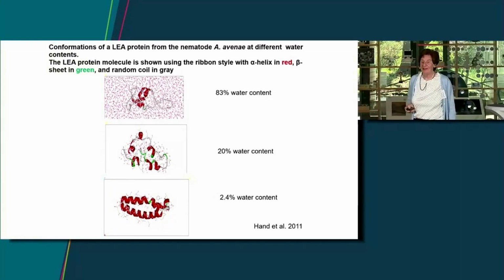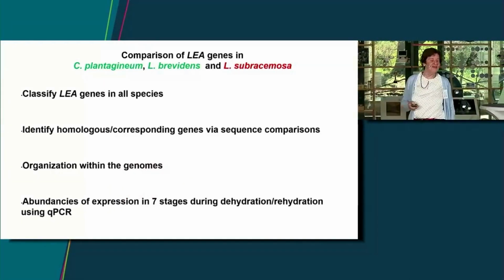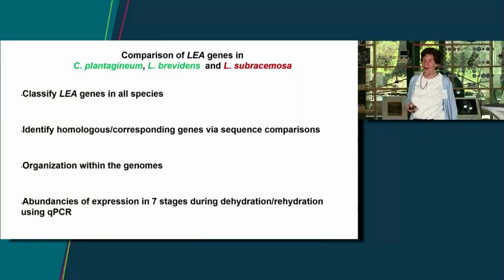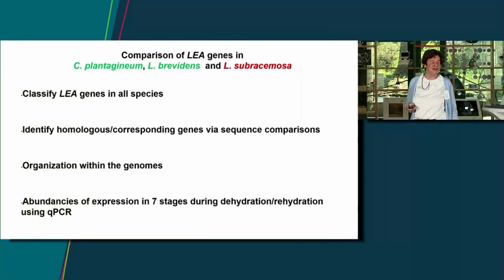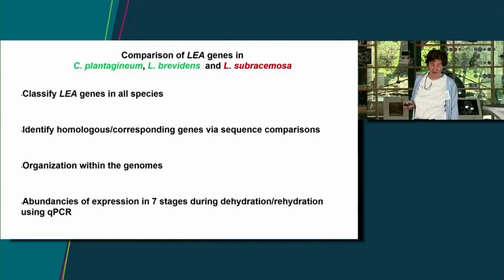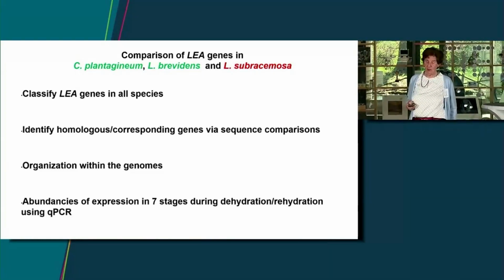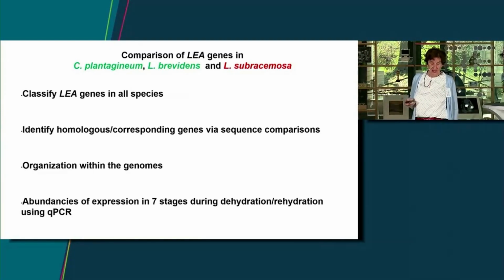So I would come back now to the Lea proteins, where we have some answers, namely when we make this comparison between the desiccation tolerant and non-desiccation tolerant plant species. Here again, you see the two tolerant ones written in green and the one in red. So how did we go about it?